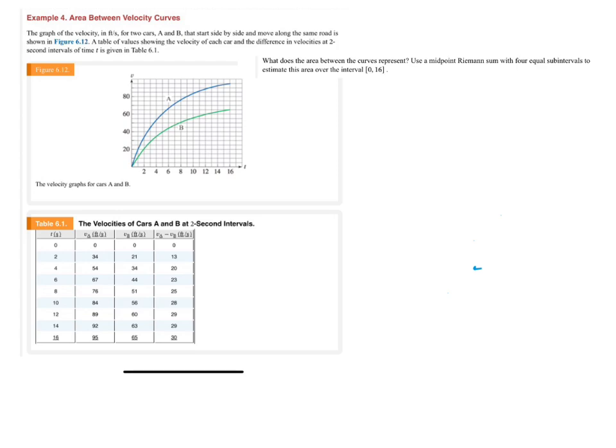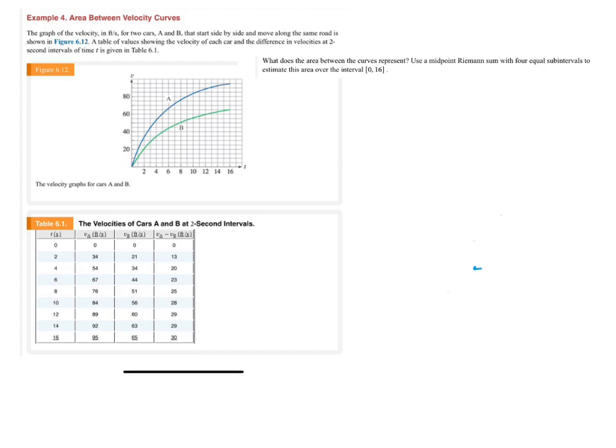It says use a midpoint Riemann sum with 4 equal subintervals to estimate the area over the interval from 0 to 16. So what are we finding? How much farther one went than the other after 16 seconds on this road where they are traveling side by side but at different velocities, safely.